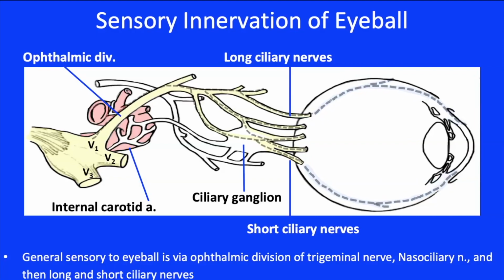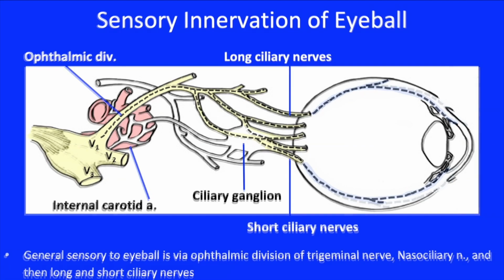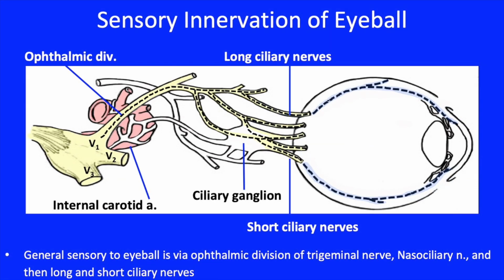Fibers from V1 will travel to the ganglion, then pass right through to reach the eyeball and the cornea via the short ciliary nerves. In addition, note that fibers from V1 will bypass the ciliary ganglion and travel directly to the back of the eyeball by fibers known as long ciliary nerves.